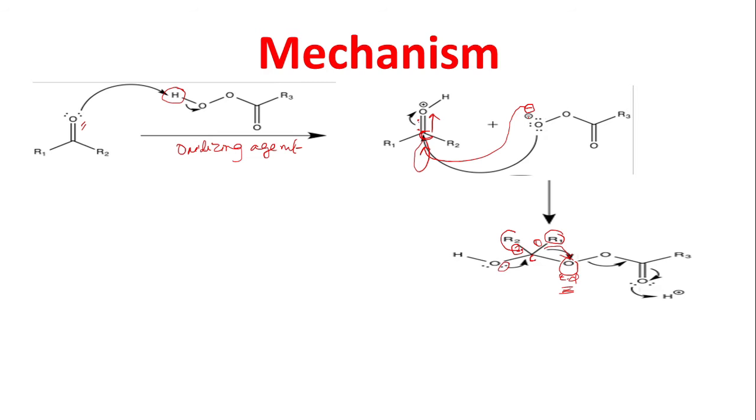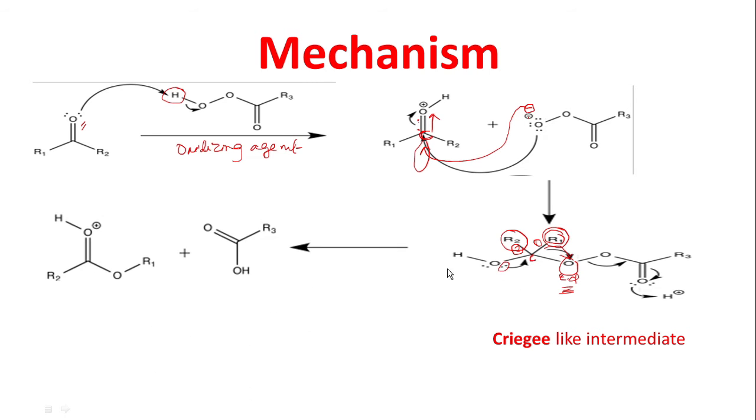This is one alkyl part and this is another alkyl part. Of the two, the one that stabilizes the electron-deficient oxygen, that alkyl part will move towards this electron-deficient center. So this mainly forms a triad-like intermediate.